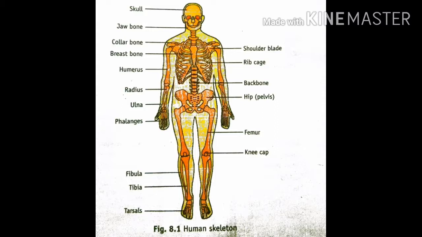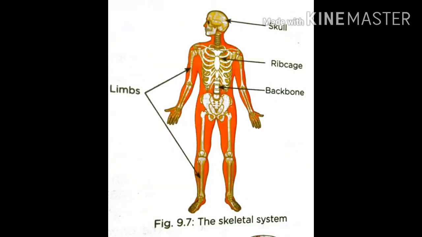These 206 bones are arranged in a fixed manner and form the skeletal system. The skeleton is a framework of bones. This framework encloses and protects the internal organs and gives support, safety and strength to our body.